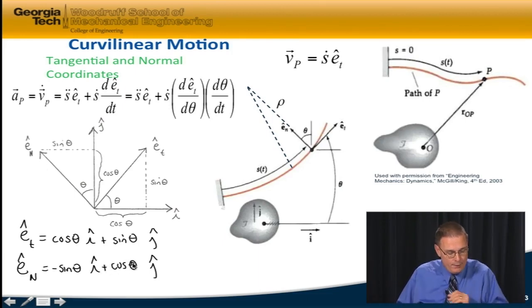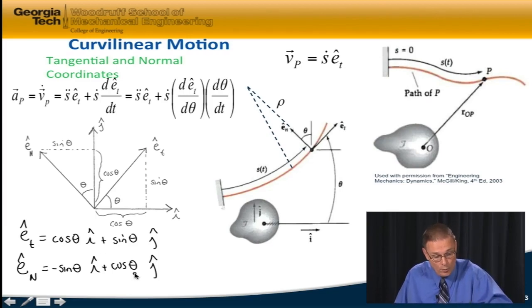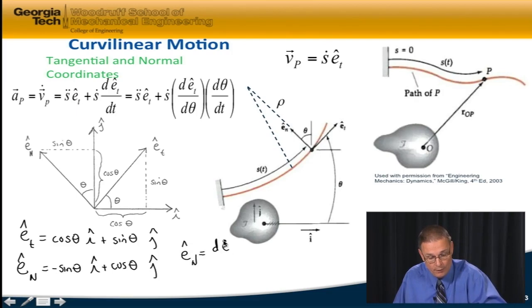So what I can see from this relationship is real important. If I take the derivative of e tangential with respect to theta, I get derivative of cosine theta with respect to theta is minus sine theta. The derivative of sine theta with respect to theta is cosine theta. So I know that e normal is equal to the derivative of e tangential with respect to theta.